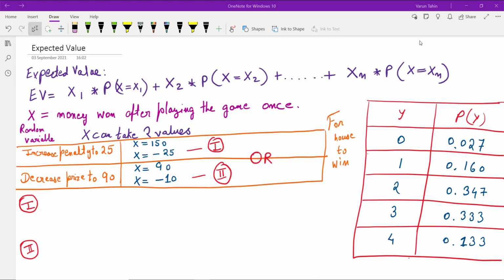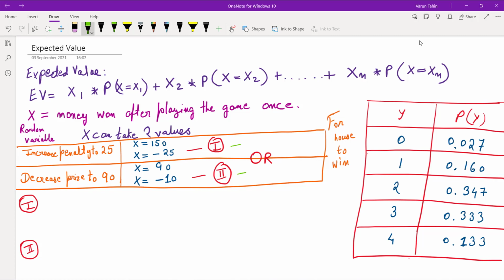Now let's say that we want the house to win. So in order for the house to win, we need to change either of the conditions, either increasing the penalty or decreasing the prize amount. So let's say that we are increasing the penalty to 25, and let's check with this what value we'll get, and then decrease the prize to 90 and check with this too.